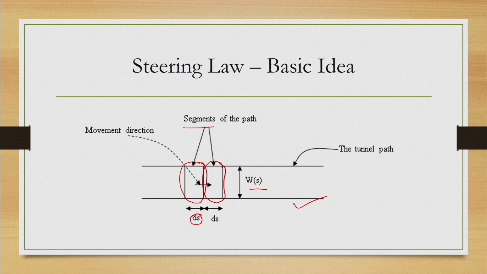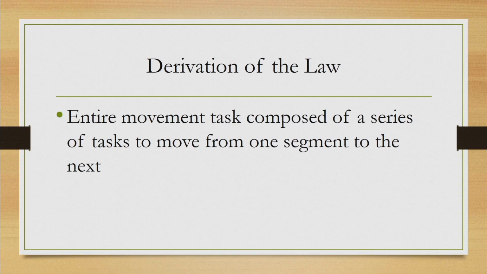Let us see how. So, when we are assuming that the path can be divided into sub paths or segments, what does that assumption imply? It implies that the entire movement task comprises a series of subtasks from one segment to the next. So, this is important. When I say series of subtasks, I mean subtasks that require the pointer to move from one segment to the next.